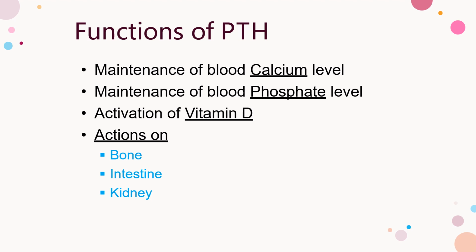In the signal transduction class, you have seen that 4 mechanisms of action of hormones are there. So in that, the adenylate cyclase cyclic AMP pathway, and then the IP3-DAG pathway. So this PTH acts through those mechanisms of action.